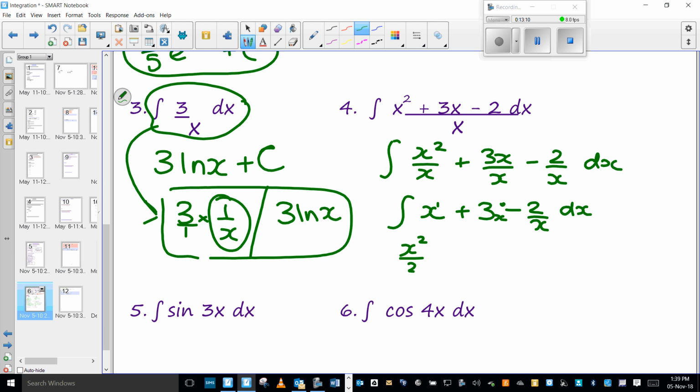And so when we add 1 to that, it's going to become 3x to the power 1 divided by 1. And then this was the 2 over x. We wouldn't keep our powers of 1 and divide by 1. We would just write x squared over 2 plus 3x minus 2 ln x.